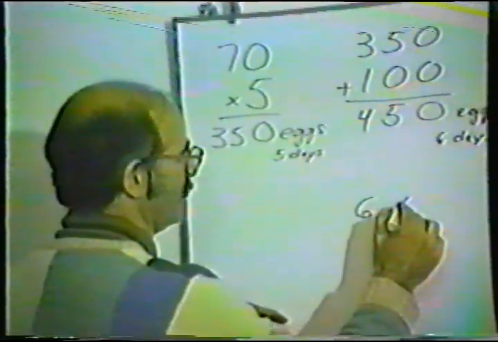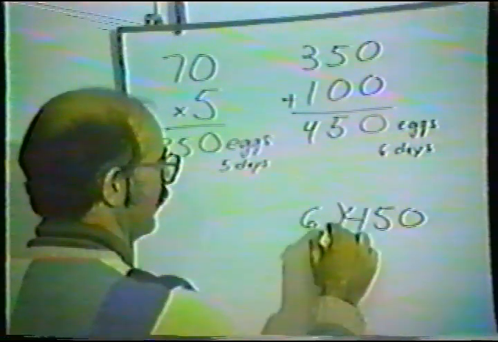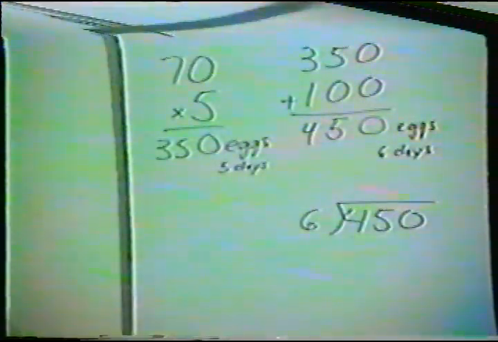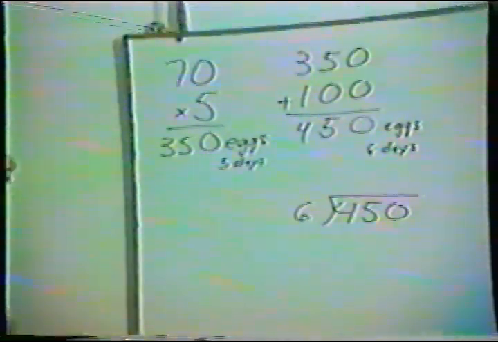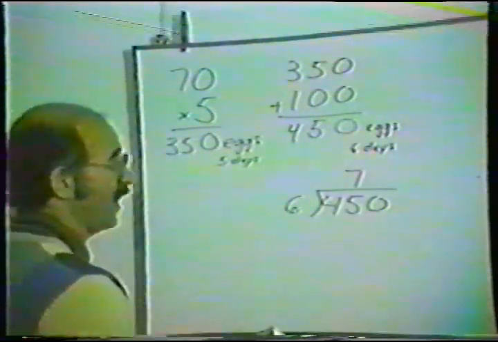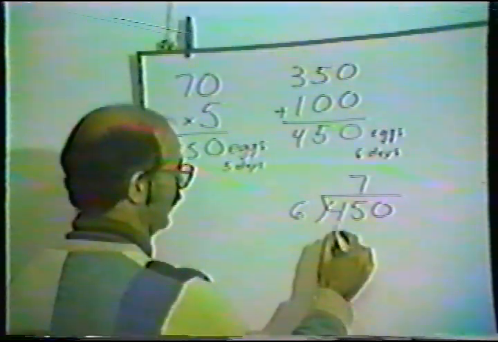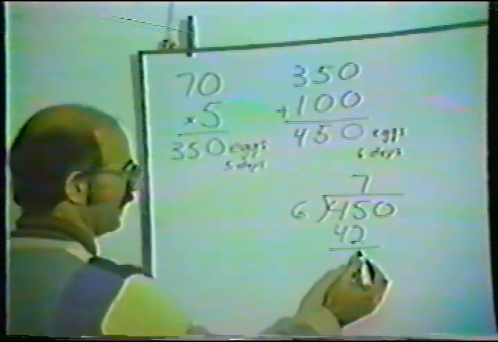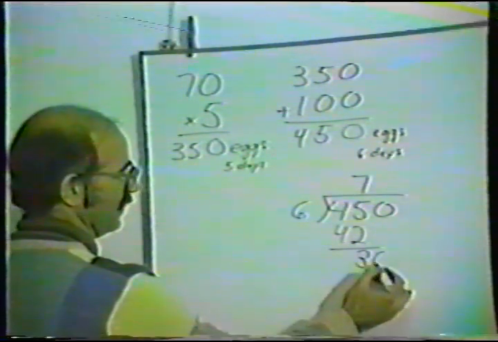6 divided into 450. How many 6s can we fit into 45? 7. 7. Yes, it doesn't go evenly, not just yet. 7 times 6 is? 42. We subtract and get 3, and bring down 0.